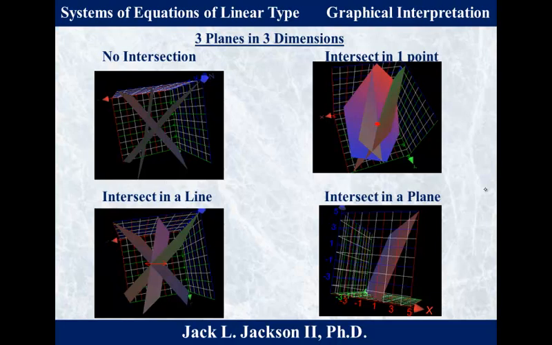If it intersects in a line, it is possible for two planes to intersect in a line, and then the third plane actually still contains the same line, so that all three planes intersect in a single line, and that's illustrated in the lower left. In this case, we have infinitely many solutions, but they're not just any solutions, they're infinitely many solutions along that particular line.